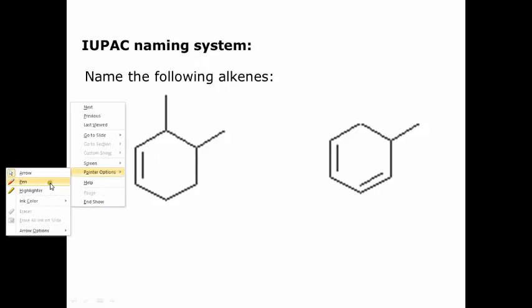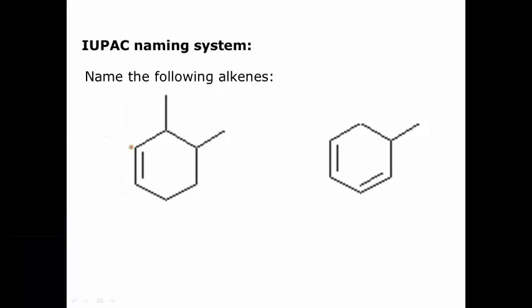So for example, I could go clockwise, in which case this would be my first carbon and my second carbon would be here. So again, carbon 1 and carbon 2 must both contain the double bond, and then this would be carbon 3, carbon 4, carbon 5, and carbon 6.